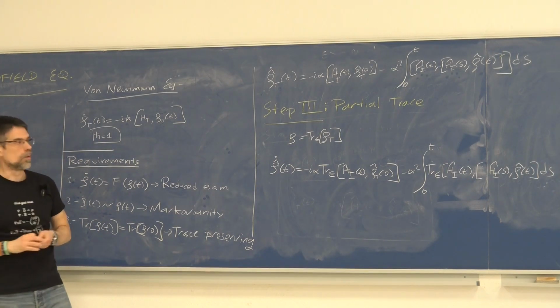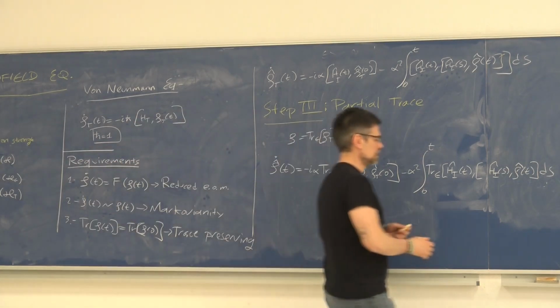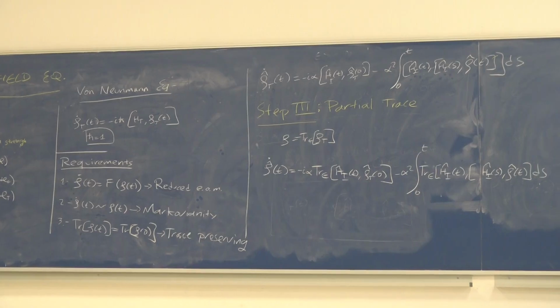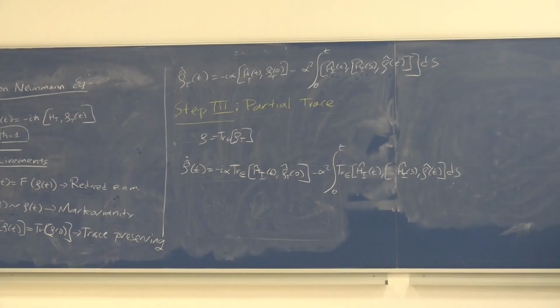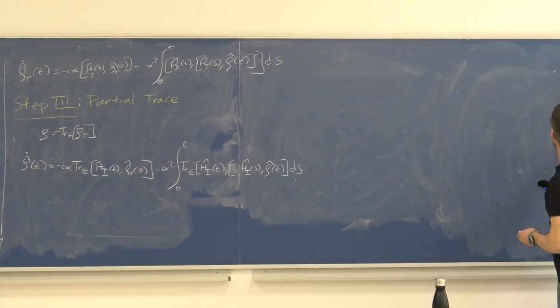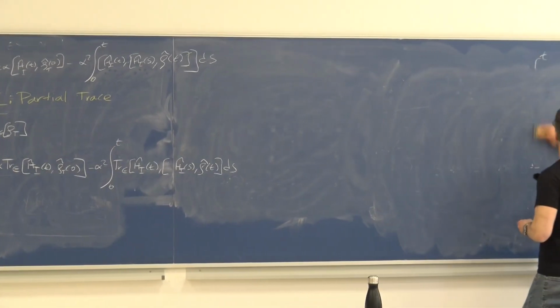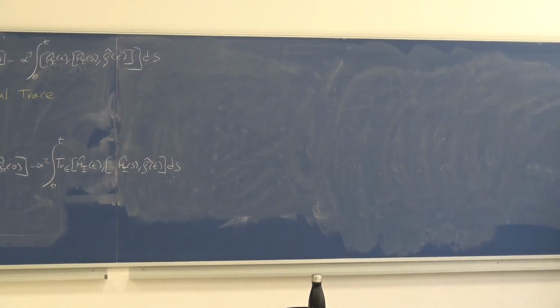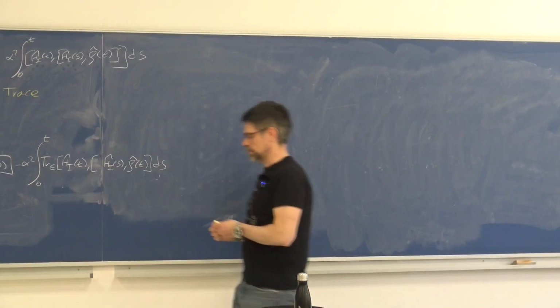Now we have to calculate this trace, and this is basically all we are going to do, and to see if we have to make any further assumption in order to be able to calculate it. Once we calculate this trace, we are done, and we have our Redfield master equation.